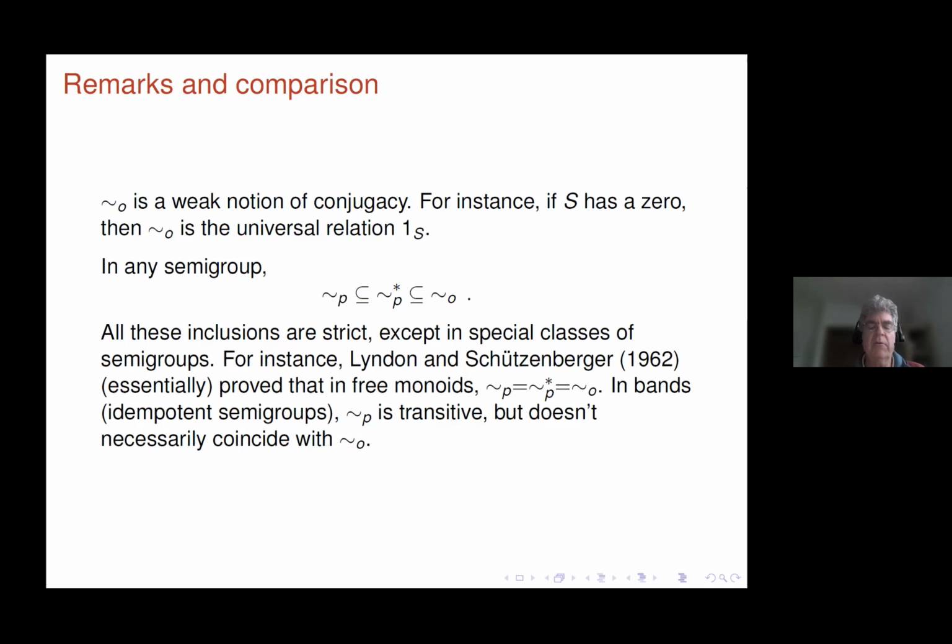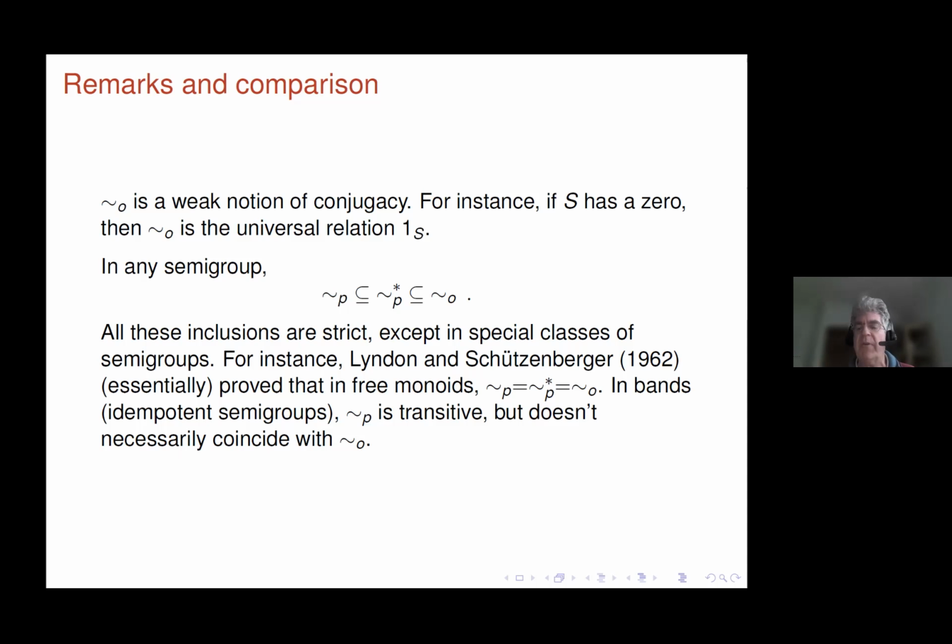Now, the three notions that we've been talking about, specifically the two of primary conjugacy and autoconjugacy, are related in this way. They're contained upward, and these are all strict inclusions, except in special classes of semigroups, where they might coincide. So, for example, Lyndon and Schützenberger proved that in free monoids, all of them coincide. Now, in their old paper, they didn't think of tilde sub O as being a notion of conjugacy.